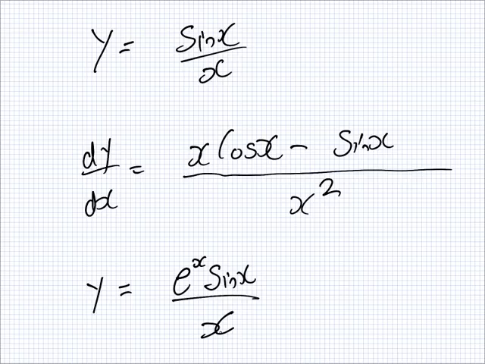You're going to need the product rule and the quotient rule. Which rule do you use first? Product or quotient? As is the way, nobody agrees for this. So half of you think product and half of you think quotient.